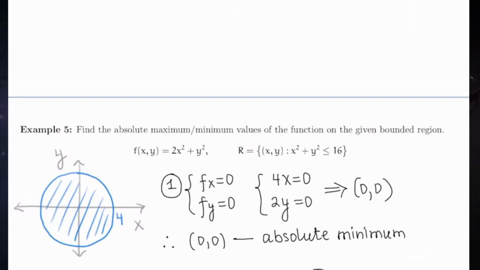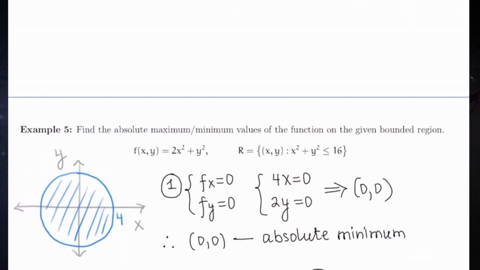Hello everybody. In this video we continue discussing optimization problems, and this is the lecture where we will go through example 5. So we have this function here, 2x squared plus y squared, that's defined on R2, so any ordered pair x, y. We would like to compute the maximum and minimum values of this function over this bounded region.